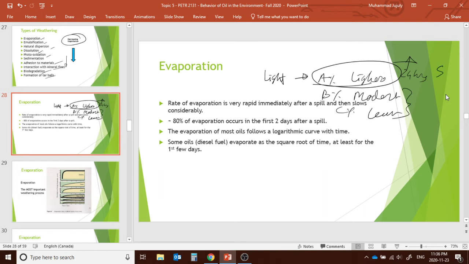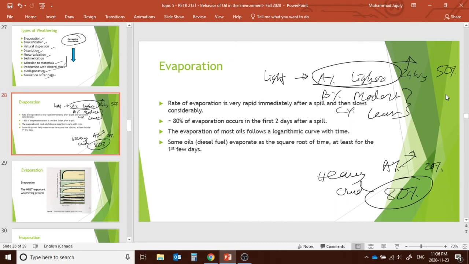For instance, the A component is 50% in the light crude oil. But in the case of heavy crude oil, the A percentage is, for instance, only 20%. That means if it evaporates, you will still find 80% of the moderate and heavy portion of the oil remaining. So immediately after the spill it evaporates, and then it slows down considerably. 80% of the evaporation occurs in the first 2 days of the spill.